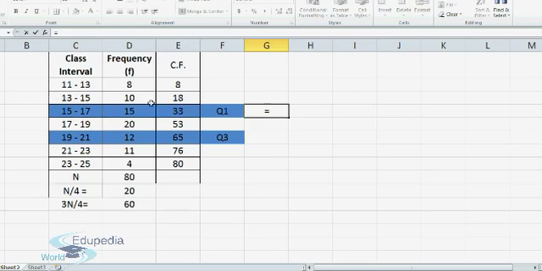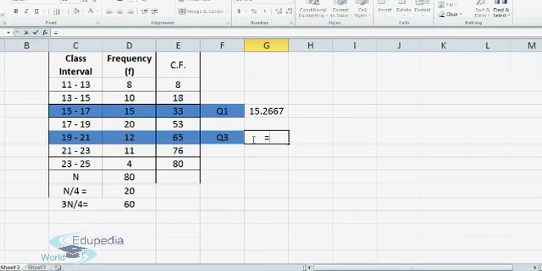If you recollect, the formula is the lower value of the class, which is 15 in this case, plus n by 4, because we are calculating Q1, so let me put it in parenthesis. n by 4 is 20, minus the cumulative frequency before the class, which is 18, and then that's divided by the frequency of the class, which is 15, and the whole thing is multiplied by your value of h, which in this case is 2. Okay, so that's the value of Q1.